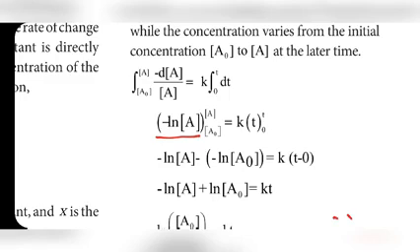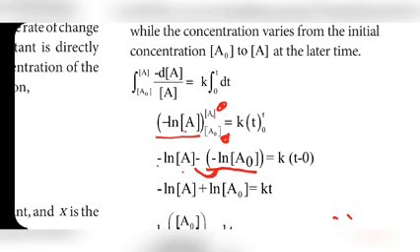In this formula, minus log A, these limits are applied. Upper limit minus lower limit, both are substituted in this equation. Here the upper limit is concentration of A, substituted in this formula, so you will get minus log A. Then the lower limit A0 is applied, so you will get minus log A naught.